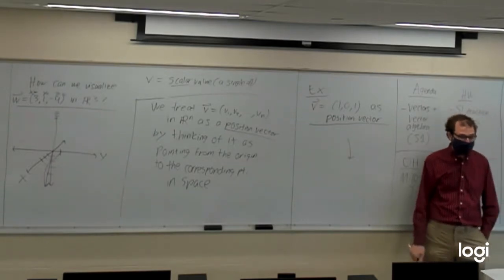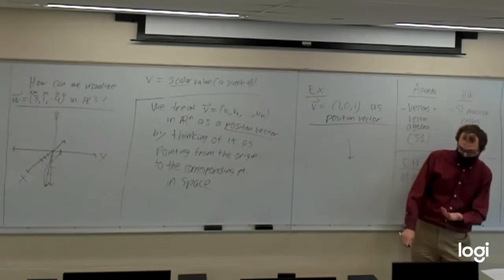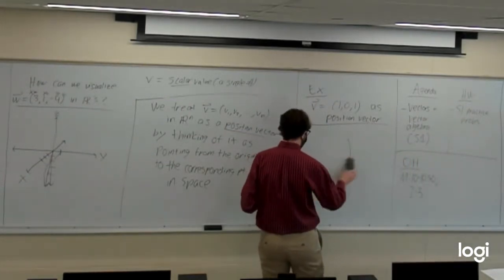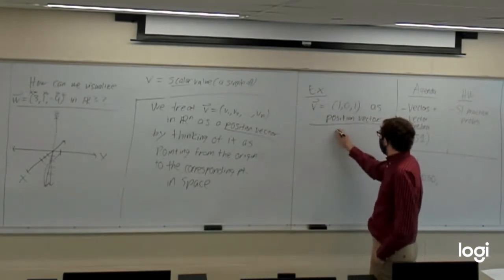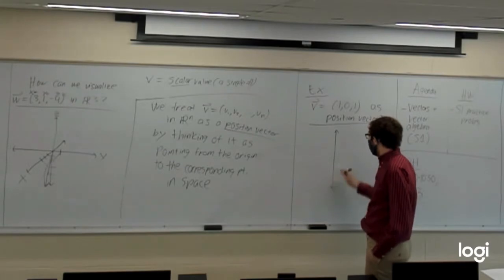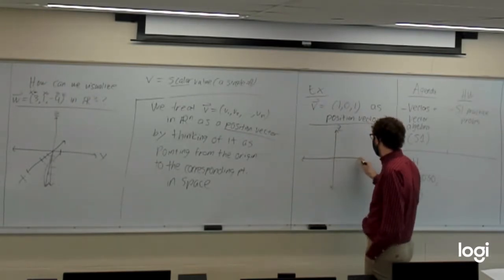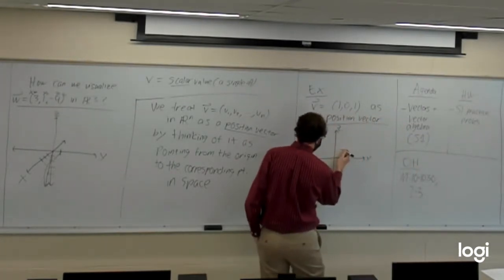Or is there something I should start with before trying to draw my arrow corresponding to that position vector? Should I provide the axes? I think that's a good first step. Yeah, draw out our x, y, and z axes. So here will be my z-axis. Here's going to be my y-axis. And I'll have another axis corresponding to depth.